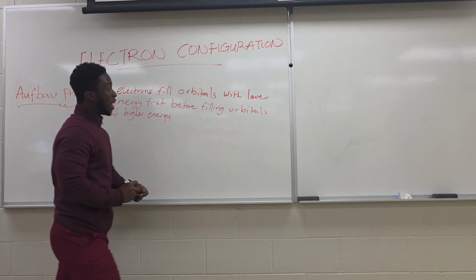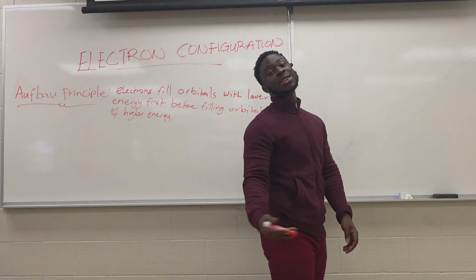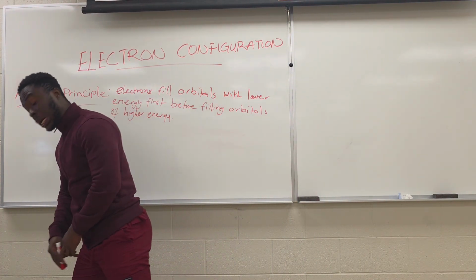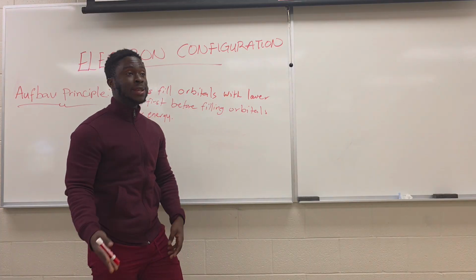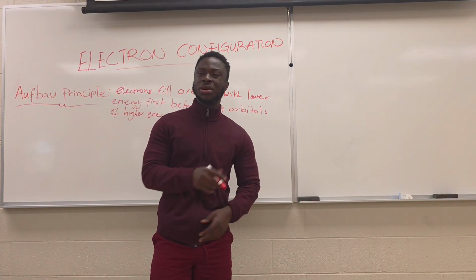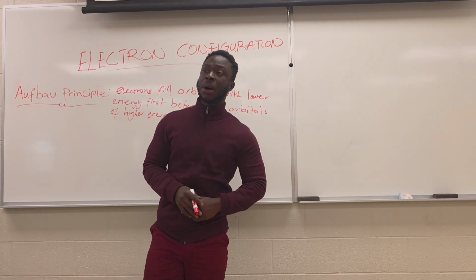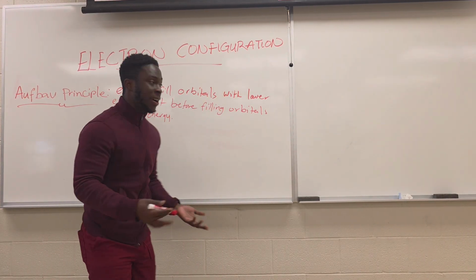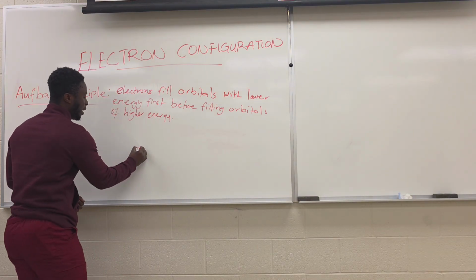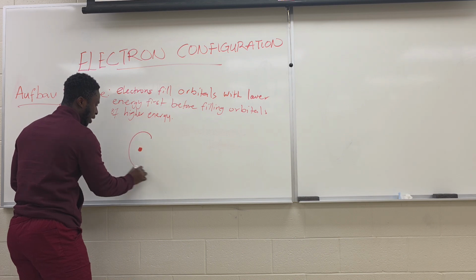Now, you might say, how do you know that an orbital has a lower energy or higher energy than some orbitals, right? How we know that is by two ways. The first way is just thinking about it commonsensically, and the next way is thinking about it mathematically. The first way is if I have an atom, right? Let's say this is the nucleus of my atom, and over here are the shells.